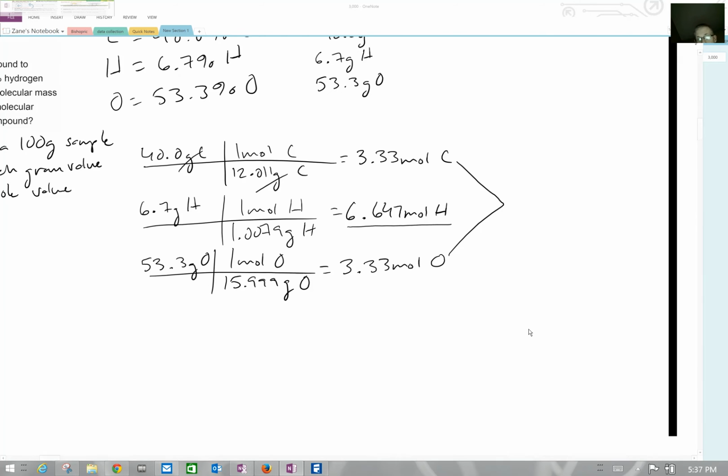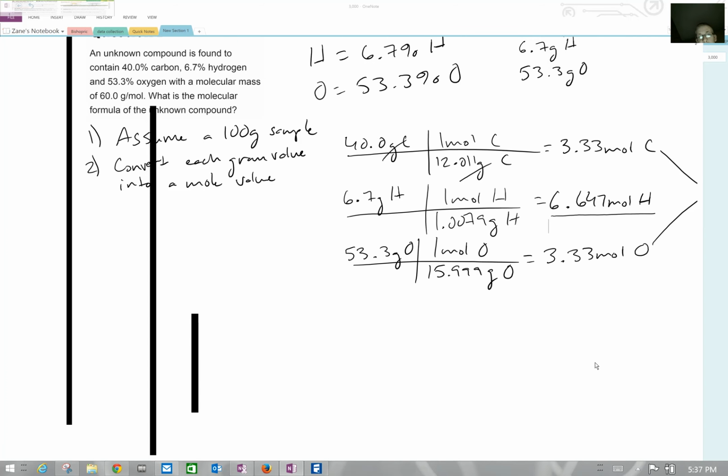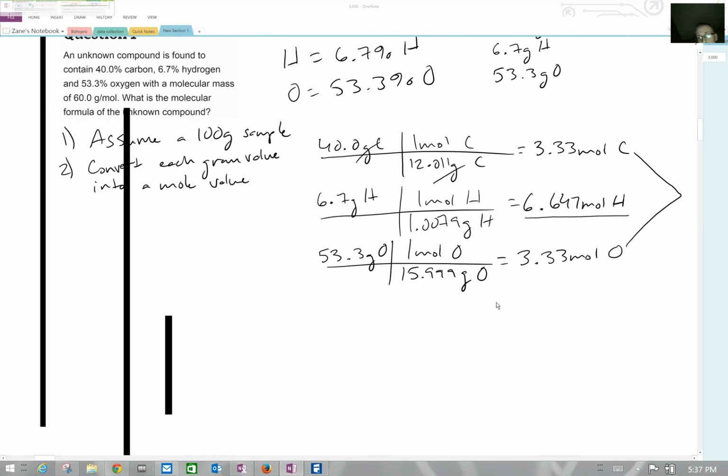Okay? So if we were to write a formula for the simplest ratio of the elements in this compound, we could say that, well, for every 1 mole of carbon, I have 2 moles of hydrogen and 1 mole of oxygen as well. So this right here, this is what is called the empirical formula.